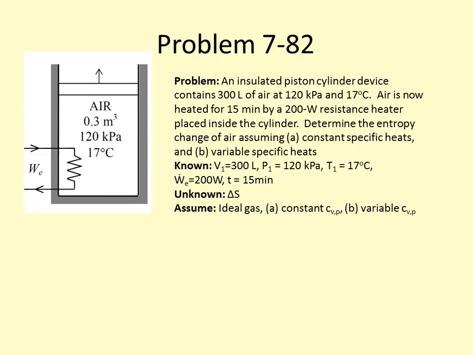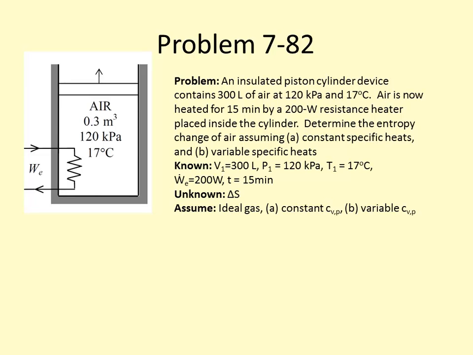In this case, we still do our energy balance, so Q in minus Q out, et cetera. We find that our electrical work in is equal to the mass times H2 minus H1. We've done everything the same up to this step, but instead of approximating this as C sub P times T2 minus T1, we're going to solve for H2.